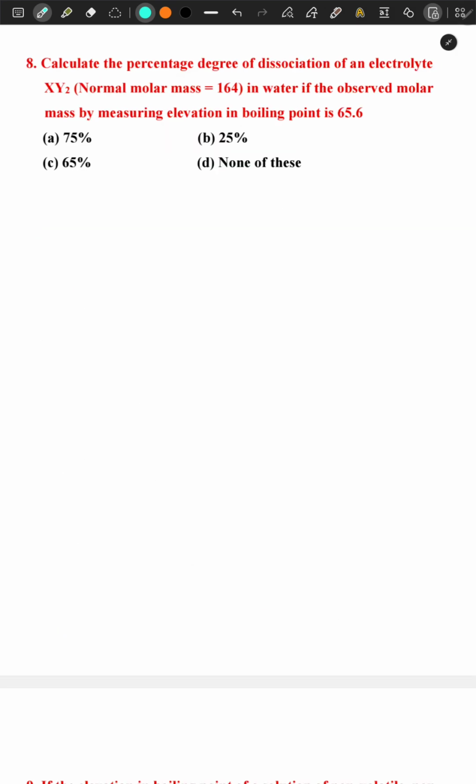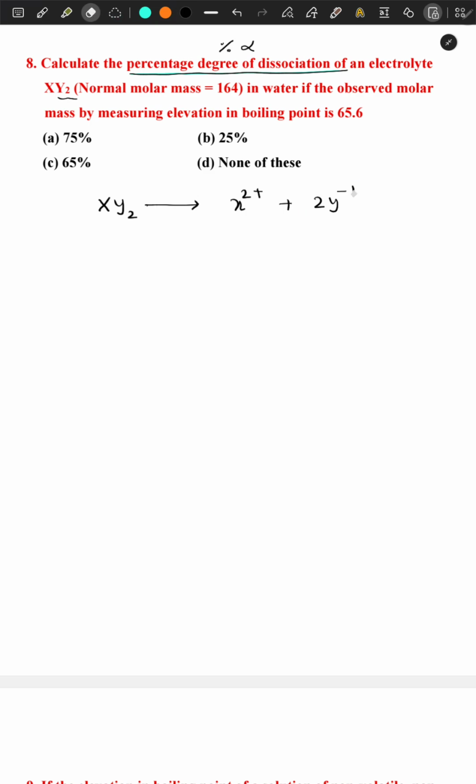Now you read question number 8. Calculate the percentage of degree of dissociation, that means percentage alpha you have to find out. They have given an electrolyte, XY2. Since it is an electrolyte and they have given dissociation, the XY2 electrolyte will dissociate like this: X2 plus and 2 times Y minus.